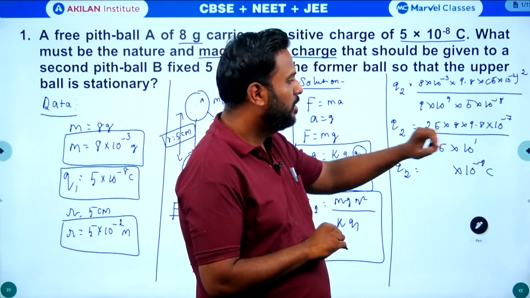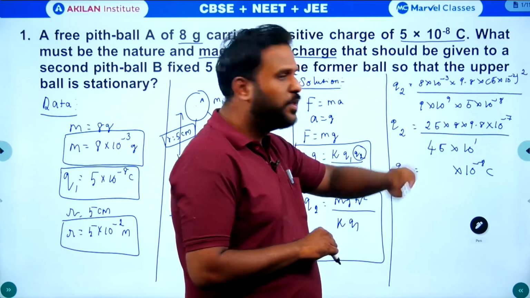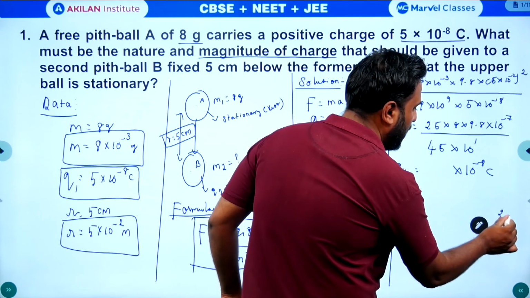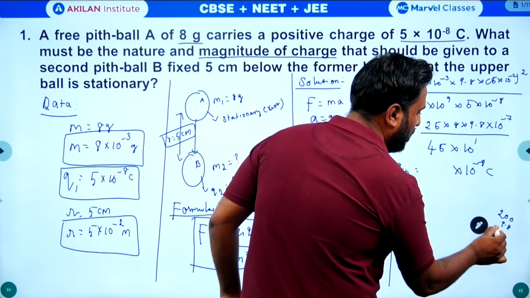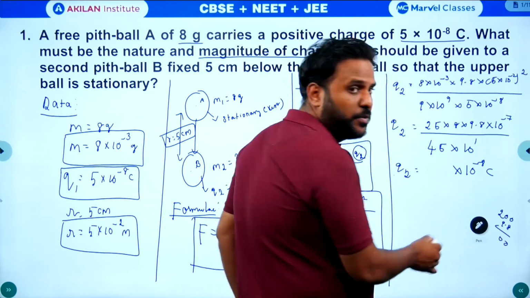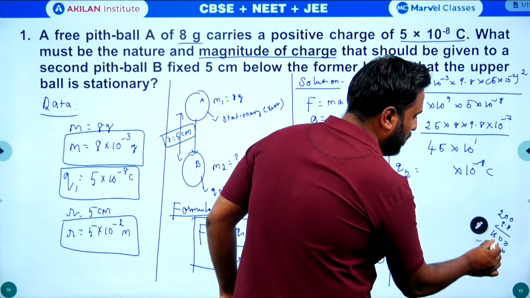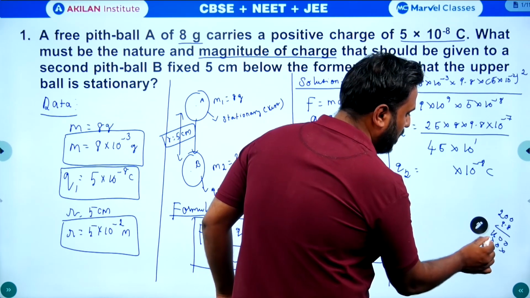Now we do the normal mathematical calculation. 25 into 8 is 200. 200 into 9.8, you know normal calculation. 8 2s are 16, 9 0s are 0, 9 2s are 18.